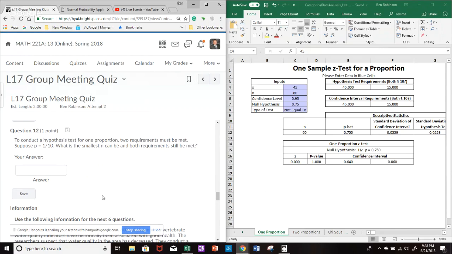To conduct a hypothesis test for one proportion, 2 requirements must be met. Suppose P equals 1/10. What is the smallest N can be and both requirements still be met? In that question, should we use the formula to find our N?